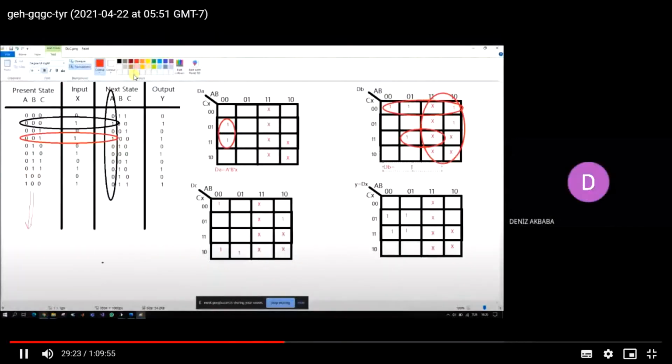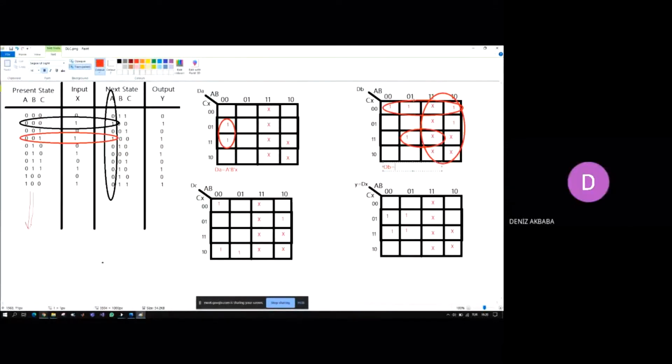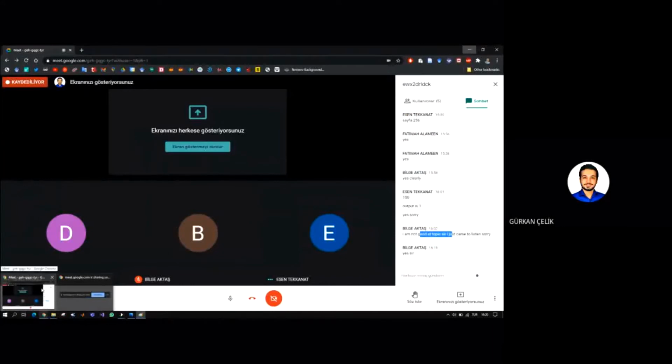X complement, C complement, for this. Yes, that part there is X complement, C complement, right? Is it true, guys? Bilge, Esen, is it true? X complement, C complement? Yes.